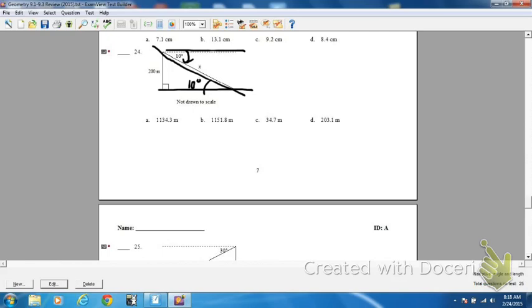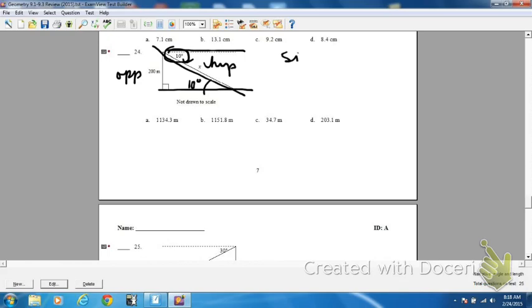So think of two parallel lines cut by a transversal, alternate interior angles are congruent. So even though this angle is 10 degrees, the angle on the inside that's alternate interior to it is also 10 degrees. And we have opposite and hypotenuse.